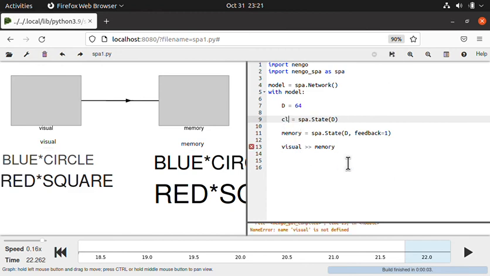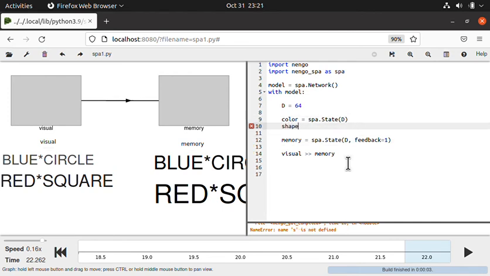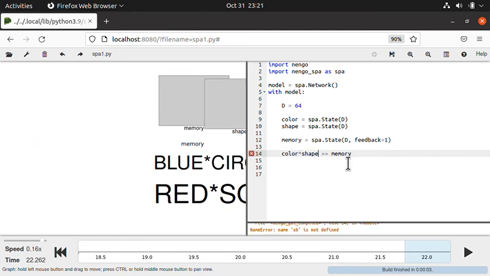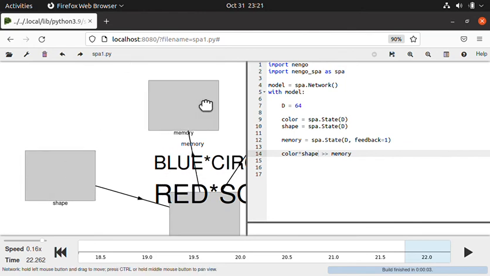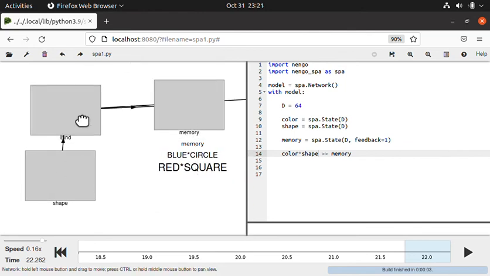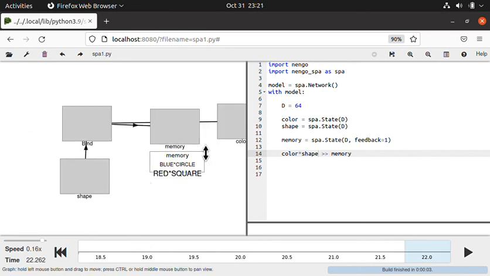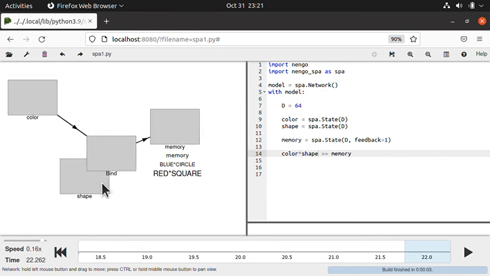I'm going to say that we have a group of neurons representing color, a group of neurons representing shape, a group of neurons representing memory, and then I'm going to say color times shape should be sent to memory. Okay, I've got memory, binding, color, binding.